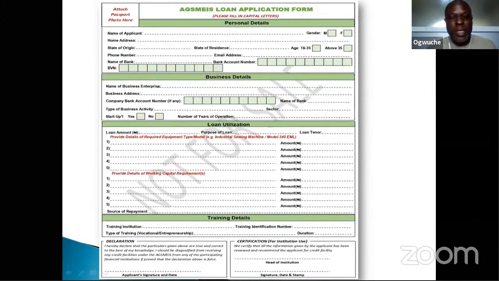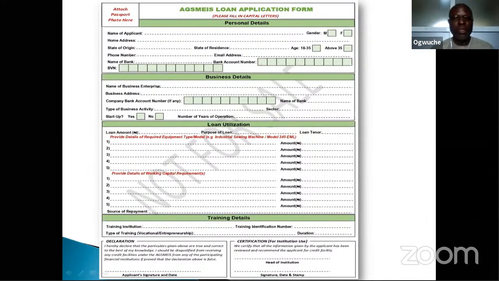All right. Then the next section is actually the most critical, most important section of this form. That's the loan utilization form. Here, the very first question you are asked is the loan amount. Like I said, the loan amount stretches from 1 million to 10 million. For a startup, the highest you can get is 5 million.